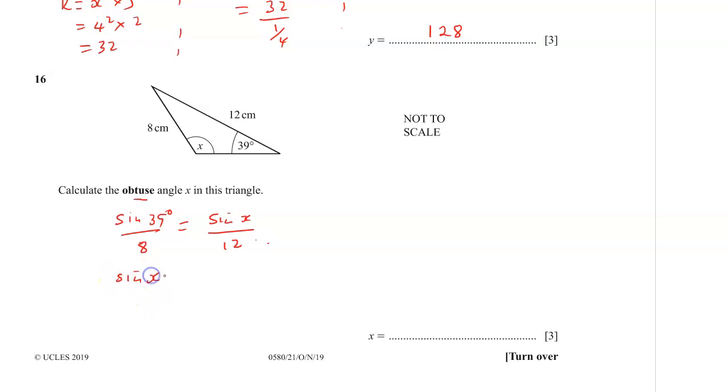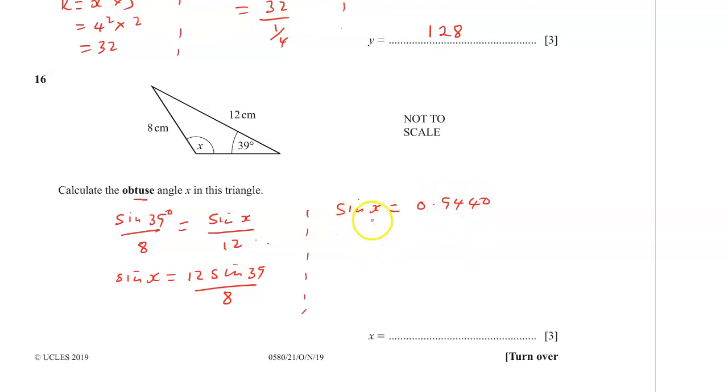So sine x is equal to 12 sine 39.8, and of course when you work that out, you're going to get sine x is equal to 0.9440.